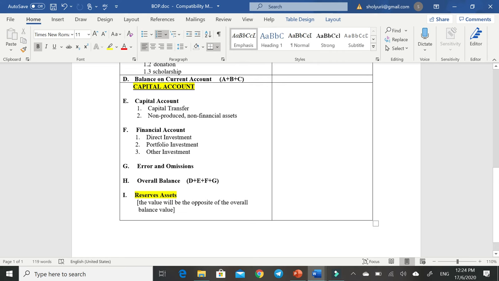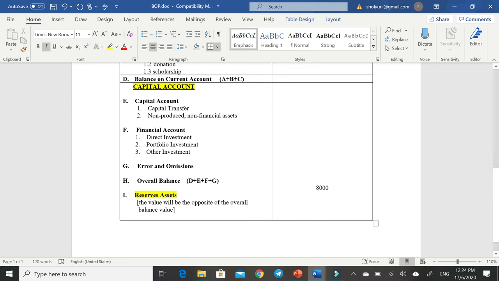For example, you kira tambah tolak lepas dapat soalan kan, overall balance dapat 8,000 million. Okay, lepas tu macam mana tahu nilai reserve asset?